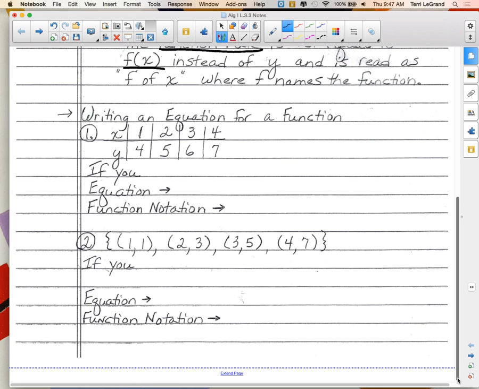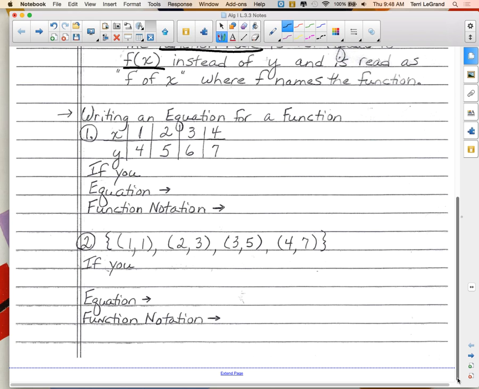So what we need to do is figure out what function rule created those ordered pairs. So we need to figure out what happened to x that got us y. How can we get from x to y in that table? Add 3.